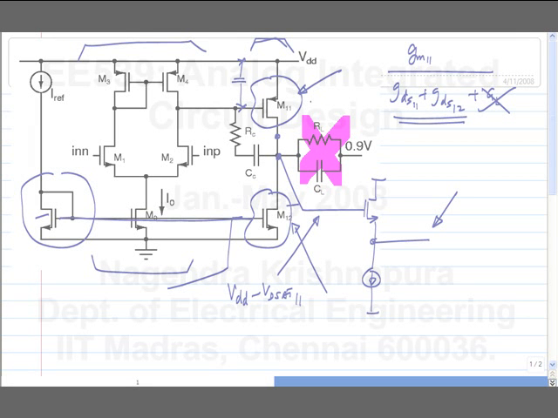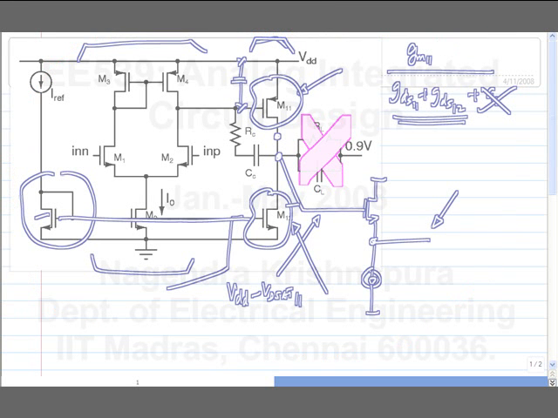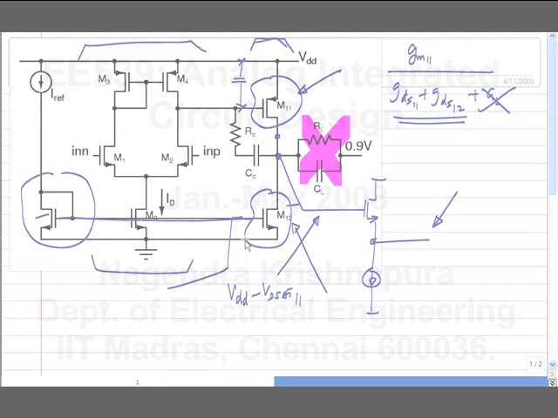Okay. The question is, how do you ensure exact current mirroring in M12? How will you do that?